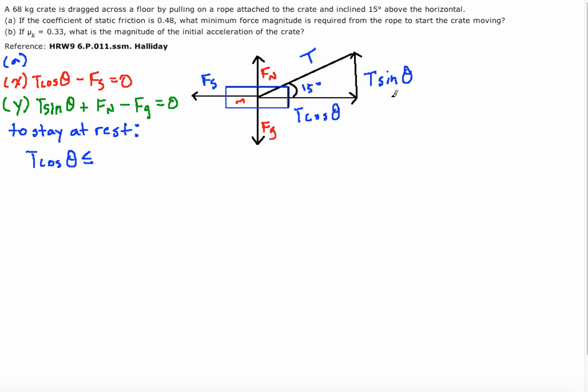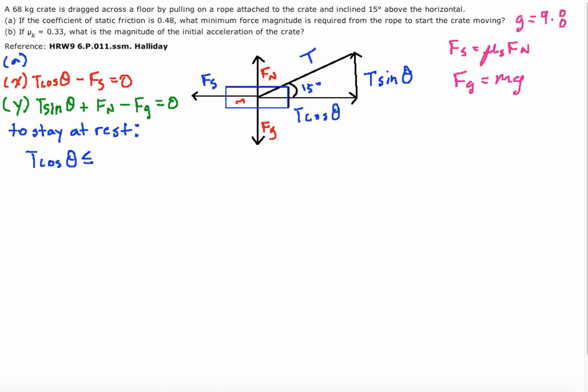Before I write this, let me make a note: Fs is equal to mu s Fn, and just a reminder that Fg is equal to mg, where g is equal to 9.8.